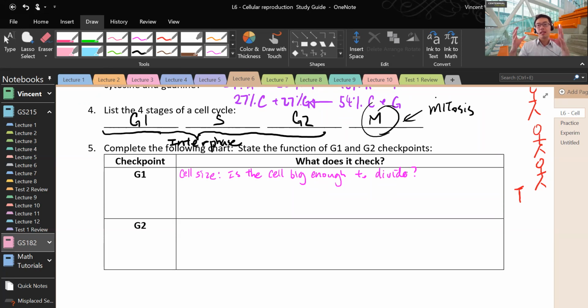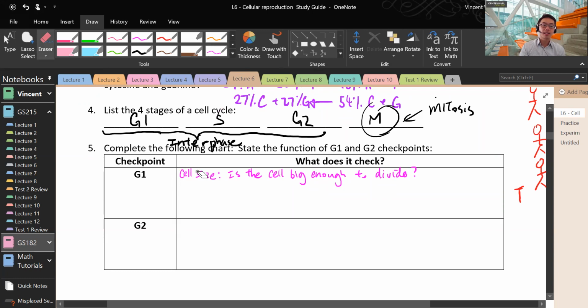If it's really big, you don't have enough membrane surface area to help maintain the efficiency of the cell. And so you need to split it apart. Okay. You don't want to divide the cell too early because you might not have enough cytoplasm. Okay, so one of the things that G1 checks is to see if the cell is big enough to divide.